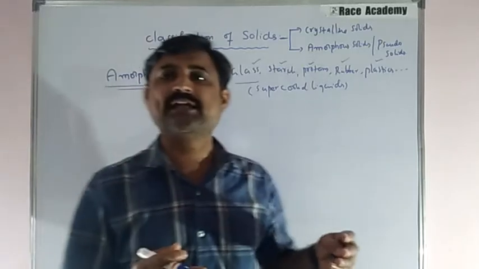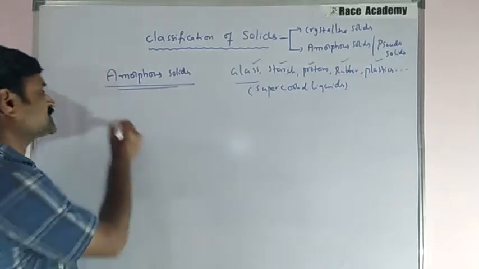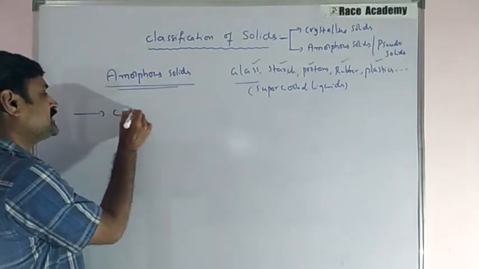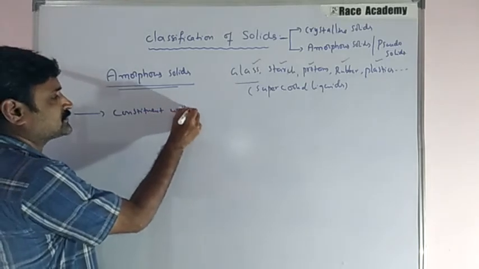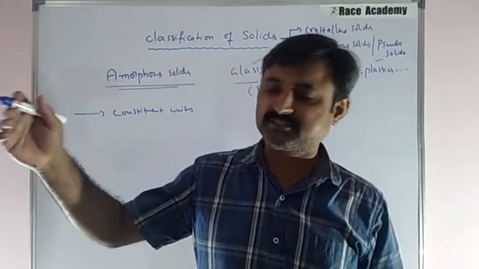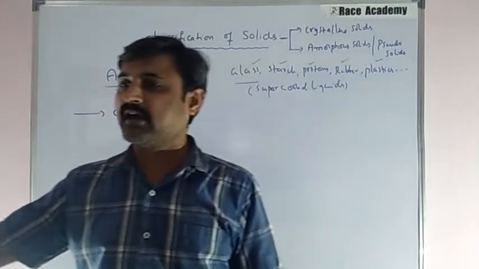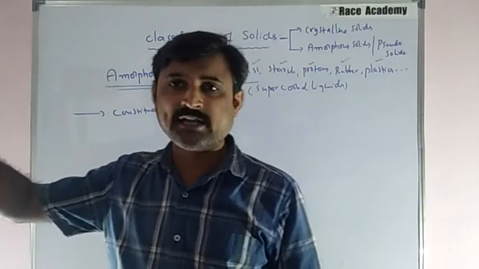Now coming to the point, constituent units, how they are arranged. When I talk about constituent units in crystalline solids, they have a systematic, orderly arrangement, a long range ordered arrangement.